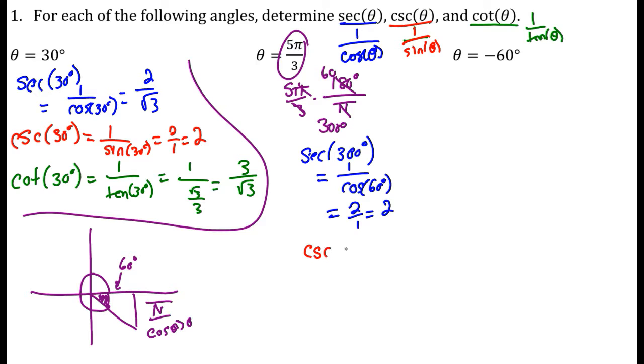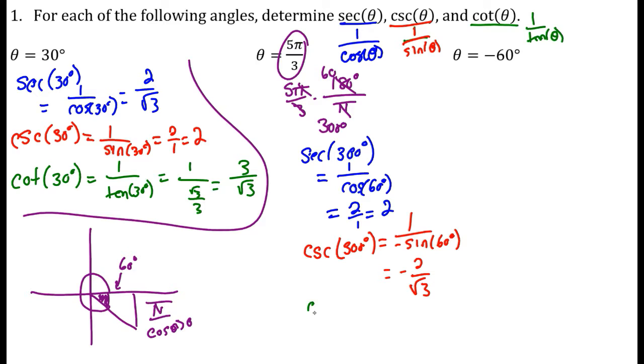The cosecant of 300, well, that's 1 over sine of our reference angle 60, but I'm negative because I'm in quadrant 4. We're in quadrant 4, so sine is negative, which means cosecant's negative. Well, sine of 60 is radical 3 over 2, so let's flip that. Negative 2 over radical 3.